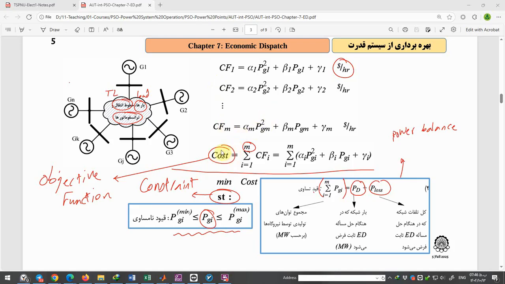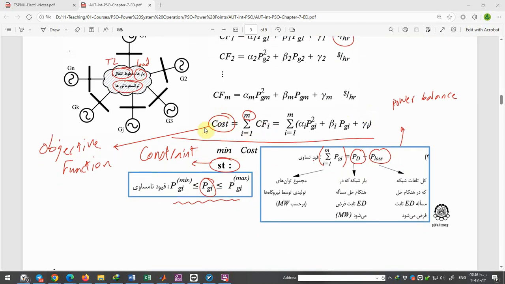The cost of the whole power system would be sigma CFi, i from 1 to M, and this cost is called the objective function. We try to minimize this cost by scheduling, or determining how much active power each generator should produce or supply for achieving the minimum cost of operation.